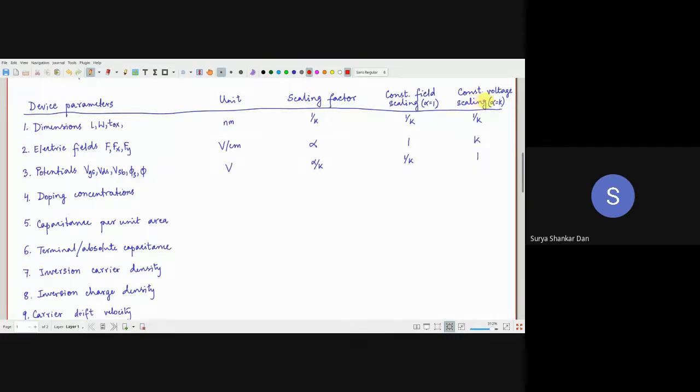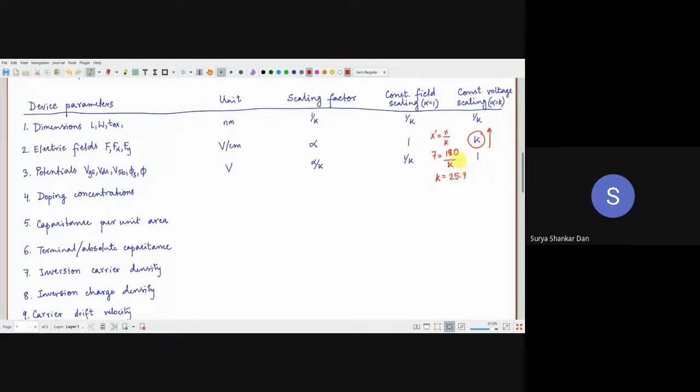It will be great, right? You apply the same 1.8 volts and you get better performance. No, because your electric field here increases by the factor of k. So what is the value of k here? We know that x dash is equal to x by k. So x dash is 7 nanometer, this is 180 nanometer, and this is your k. So k will be equal to how much? Let's use a calculator here. 180 divided by 7. So it is around 25.7.